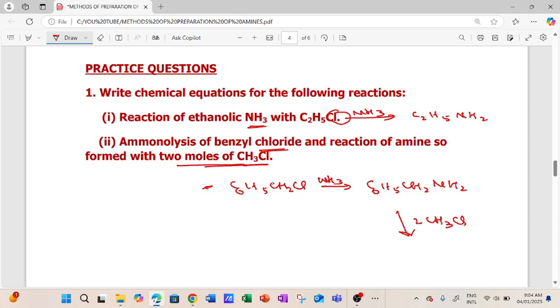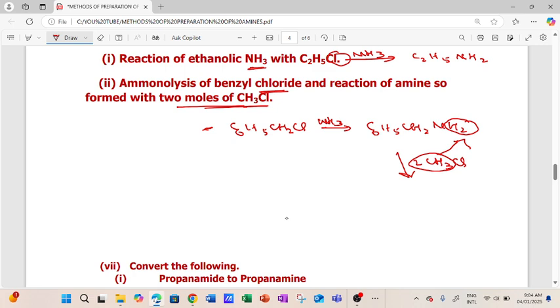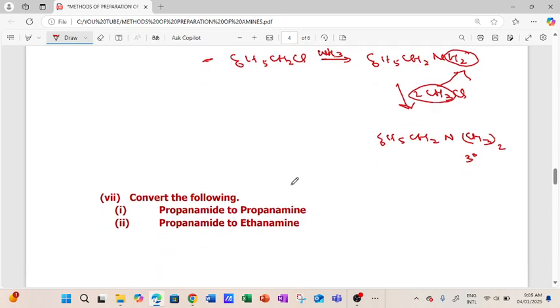At that time the 2 hydrogen atoms of this amine are replaced by 2 alkyl groups. These 2 CH3 groups come in place of hydrogen. We get C6H5CH2N(CH3)2. This is primary amine and this is tertiary amine. So primary to tertiary. But if you add 1 molecule of CH3Cl, you will get C6H5CH2NHCH3. It is a secondary amine.